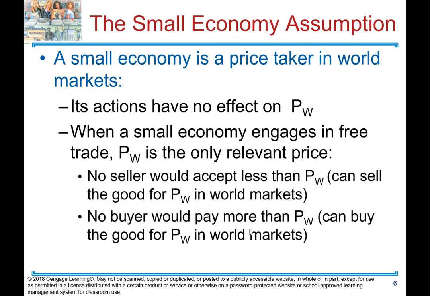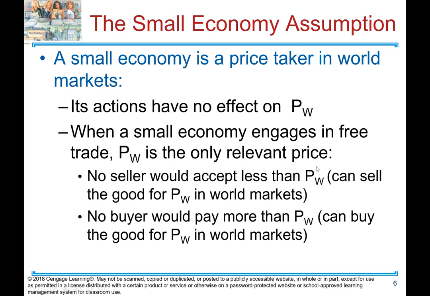We are assuming that the country is a small country, and if it is a small country, it's a price taker. Its actions are so small relative to the world market that it does not have an effect on the world price. When a small country engages in free trade, the world price is the only relevant price.